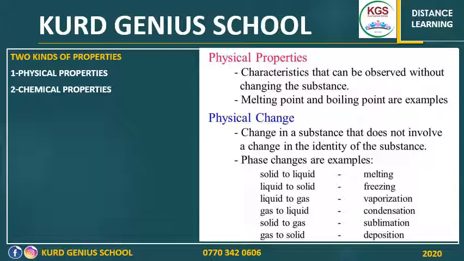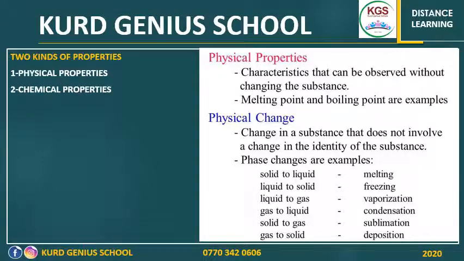For example, when the state of matter changes, it means that we have a physical change. For example, I have an ice cube, it will be melting to form liquid. That means we are changing from solid to liquid. It means that we have a physical change. It's still water. It doesn't change into orange juice or banana juice. And also we have liquid changing to gas.